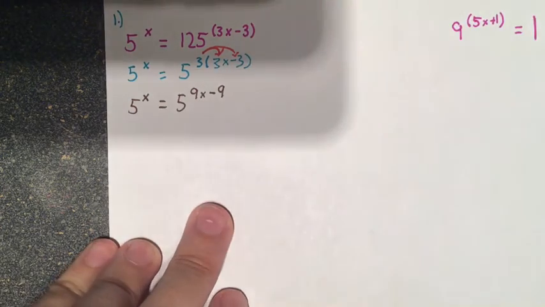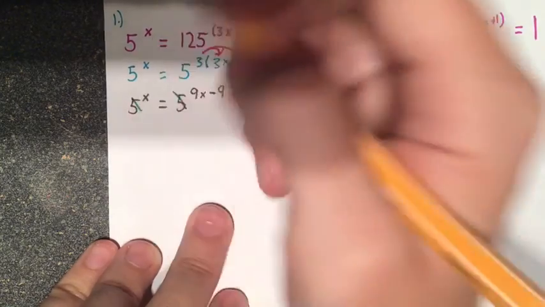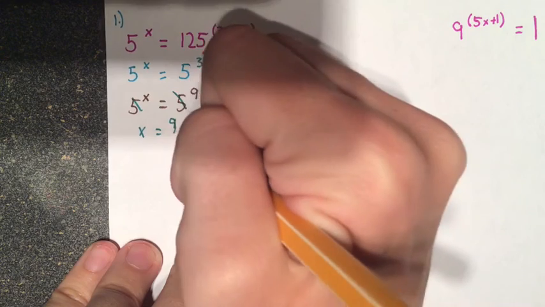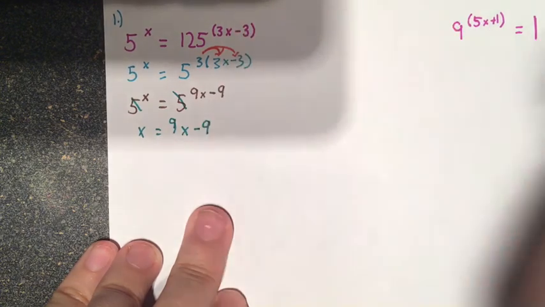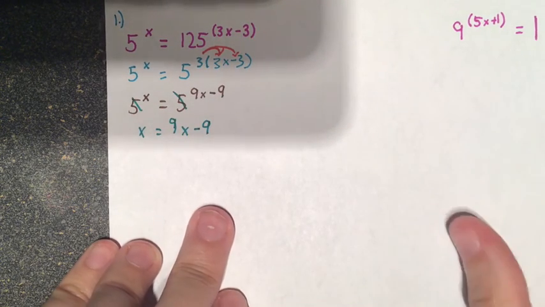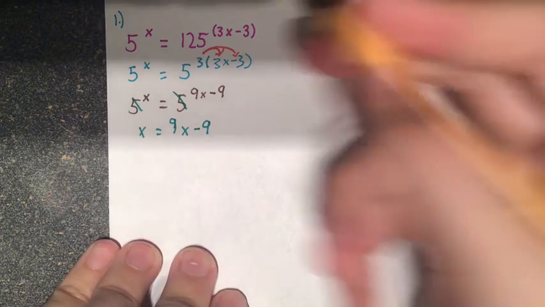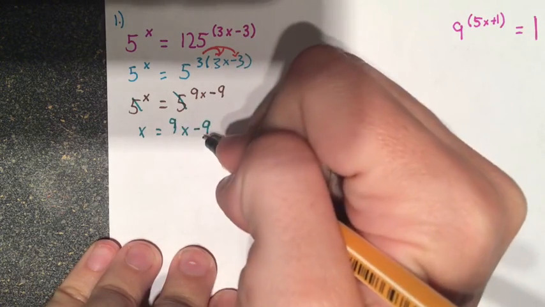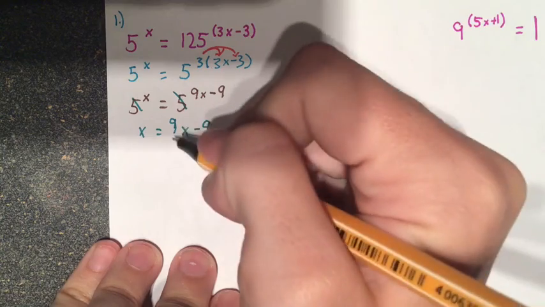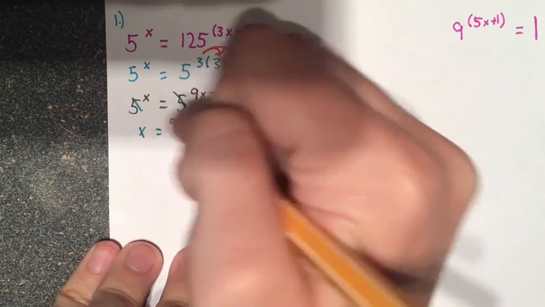Since these have the same bases, these cancel out now, and I'm left with just x is equal to 9x minus 9. Then I just have to solve it like I would any other math equation. I would have to bring my x's over and isolate my x's.